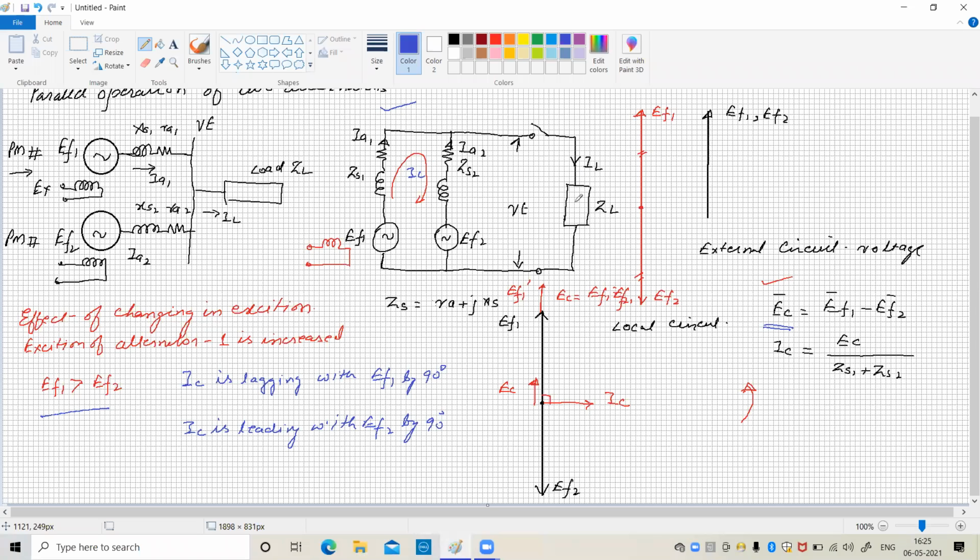It is not utilized by the load. If this circulating current is very high, it will increase the resistance loss, that is the copper loss, and it will heat the generator, and we can say that the generator becomes overloaded, even though there is no appreciable load on the generator, because the current is high.